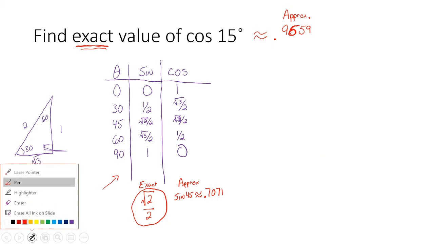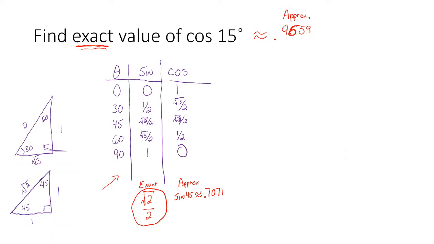So what I'm going to do is I'm going to start on this slide. I'm going to write down that formula. It says the cosine of x minus y equals the cosine of x times the cosine of y plus the sine of x times the sine of y.